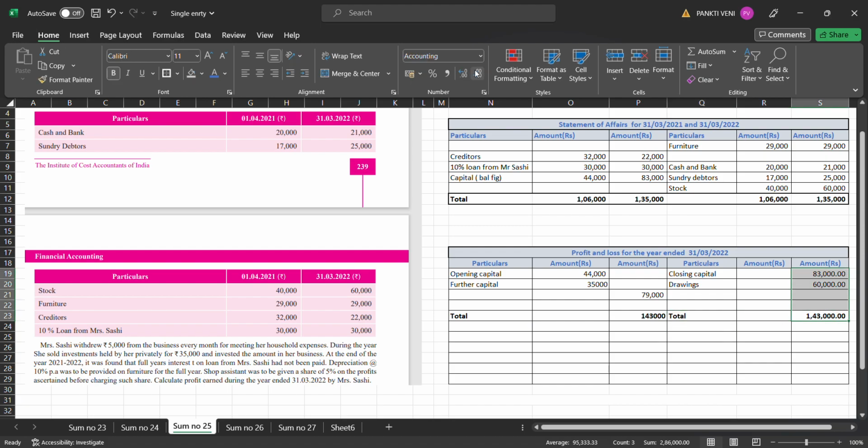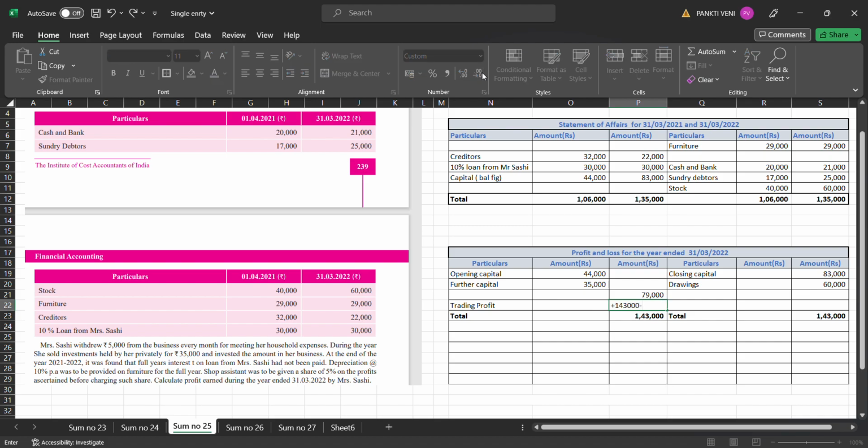Now from this total amount I'll subtract my 79,000 to get trading profit. So 1,43,000 minus 79,000, I'll get 64,000 as trading profit.